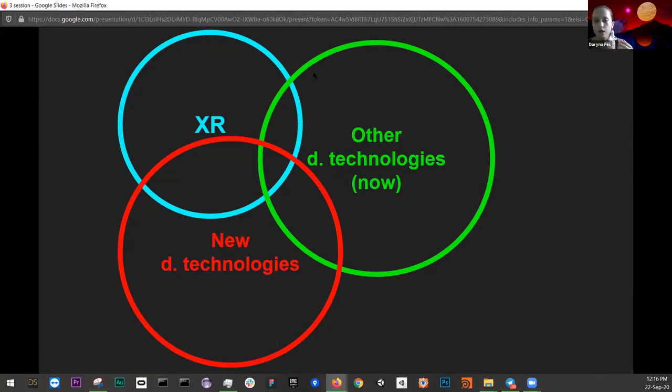Also important is that we should think not only about the technologies that are known today, but the digital area is developing very fast, and new technologies will arrive and will be part of our everyday life, and they will change not only art but our lifestyle.